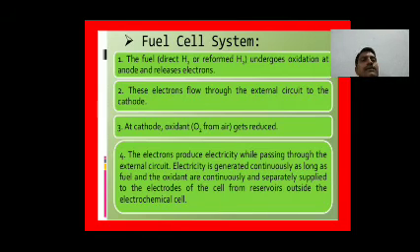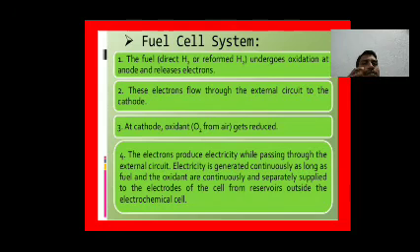These electrons flow through the external circuit to the cathode. At the cathodic container of oxygen, oxygen gains those electrons to form 4OH minus.